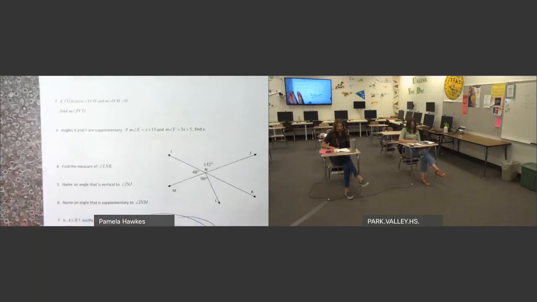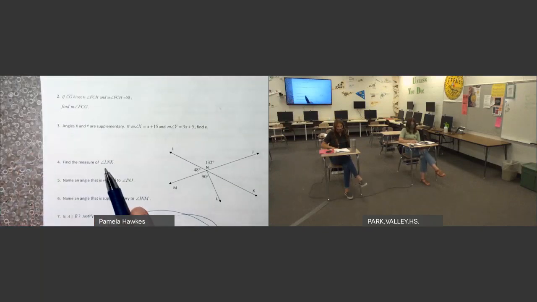Okay, so let's look at this one. What's the measure of L and K? L and K. Well, we might have to do some of the others first, right? No, probably not. What is L and K? What did you say? No, not you, him. How'd you get 48?